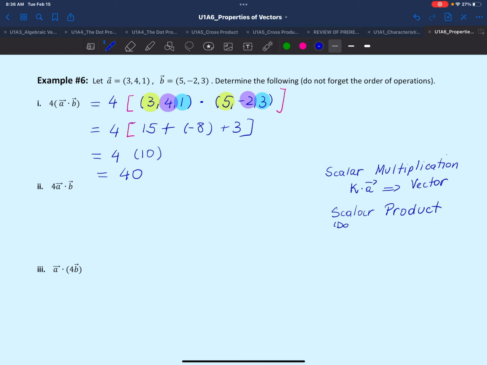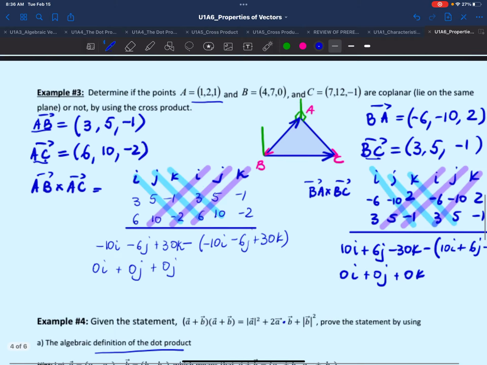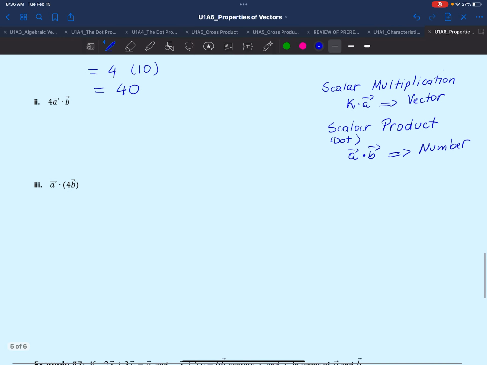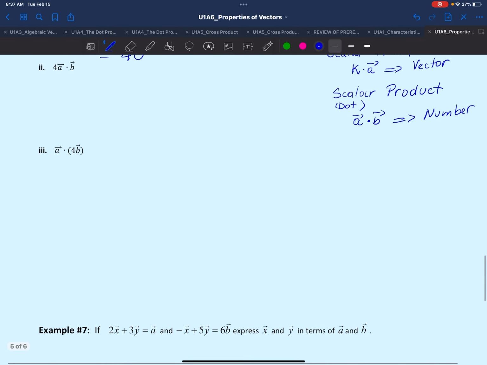So it's the same thing as dot product. In dot product, we multiply two vectors together, and the answer we get is a number or a scalar. So in our case here, we have the scalar multiplication for A, and then we will apply the dot product.